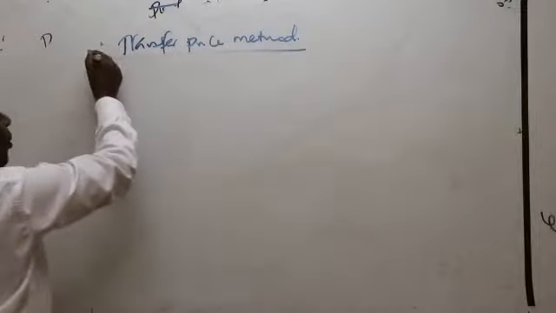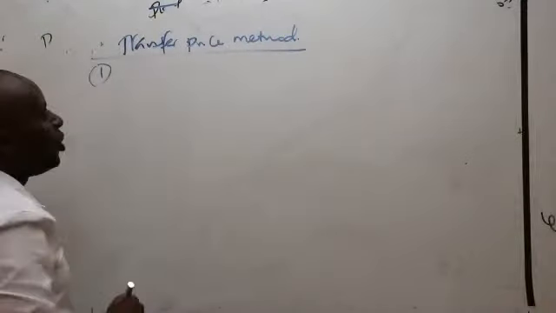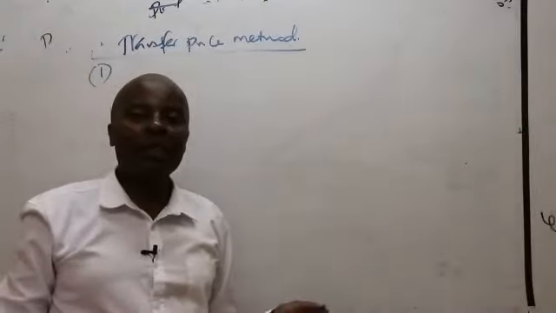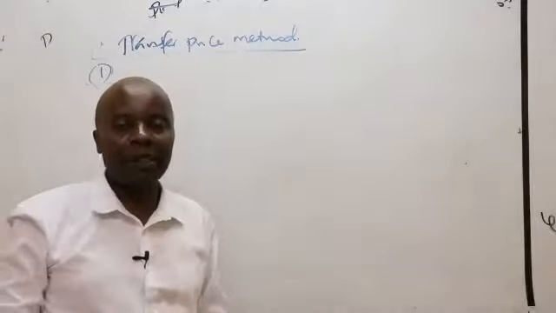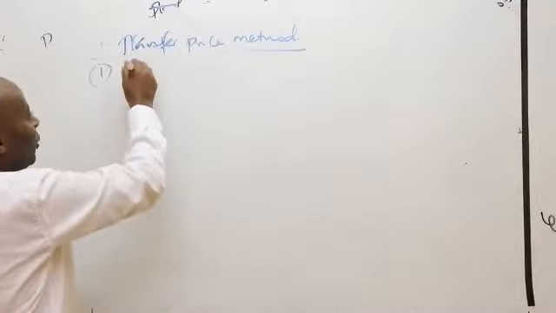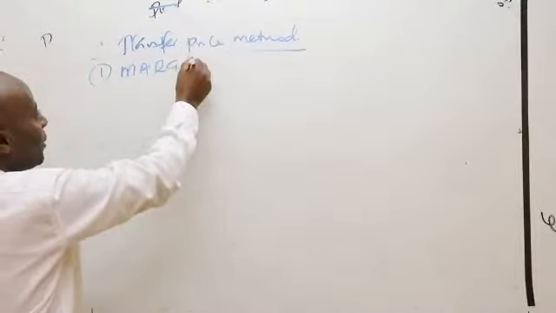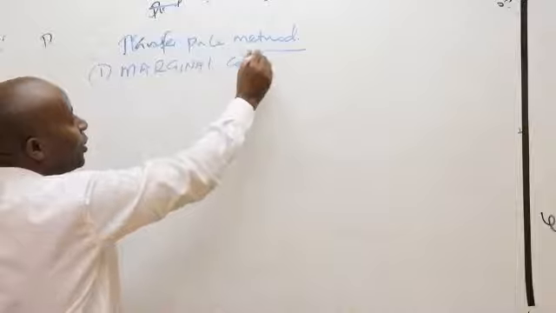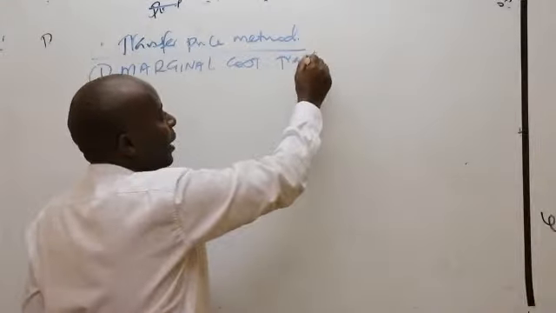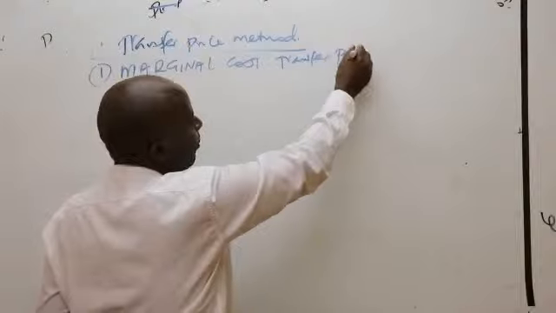For example, in this case, number one, you could decide to transfer all the products that you produce to your sister departments at marginal cost. So the first method is marginal cost transfer price.